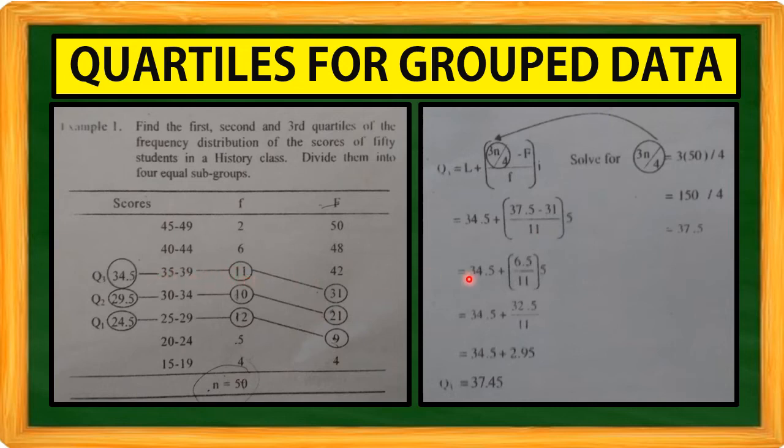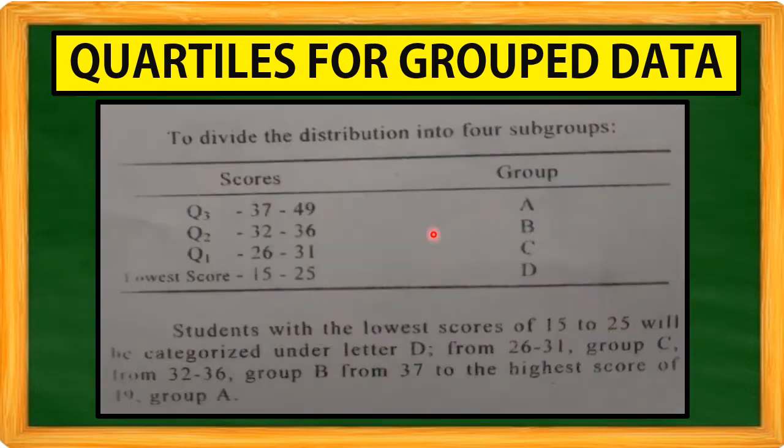Kaya 11 po. So equals 34.5 plus 6.5 divide 11 multiply by 5. So 34.5 plus 32.5 divide 11 is equal to 34.5 plus 2.95 is equal to 37.45, which is the quartile 3.